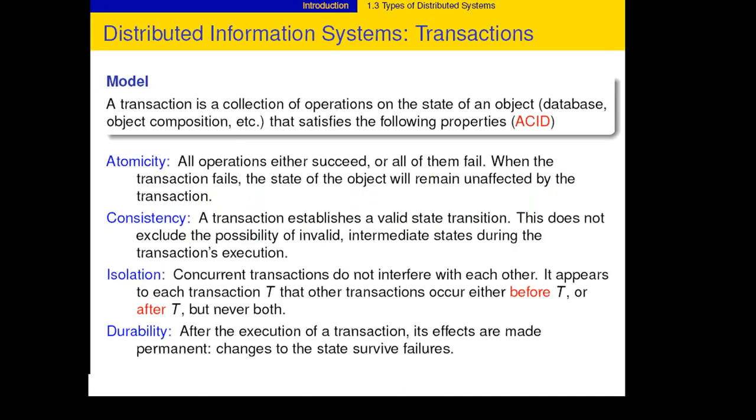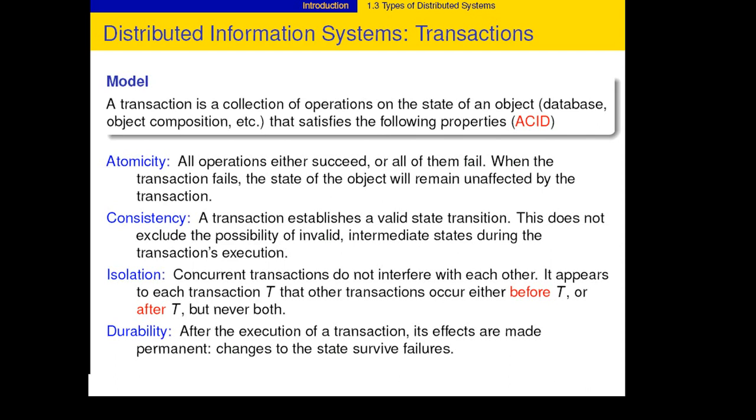A comes from atomicity. All operations either succeed or all of them fail. When the transaction fails, the state of the object will remain unaffected by the transaction. C comes from consistency. A transaction establishes a valid state transition.